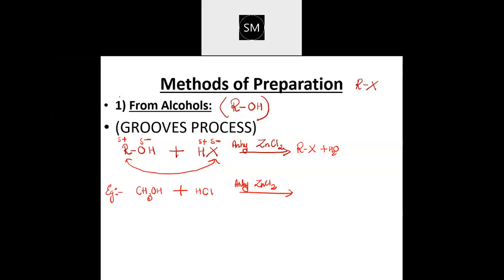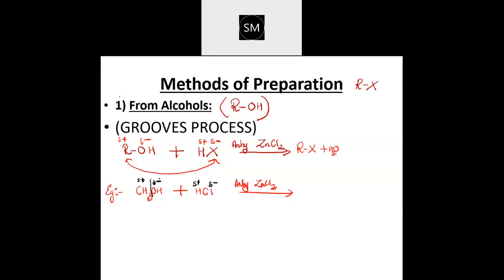So what should happen? Between CH3 and OH, who will have a charge separation? O being more electronegative will carry partial negative charge. Agree? Methyl group will get a partial positive charge. Between H and Cl, H will carry positive charge, Cl will get partial negative charge. Polarization is happening. Now just crisscross them.